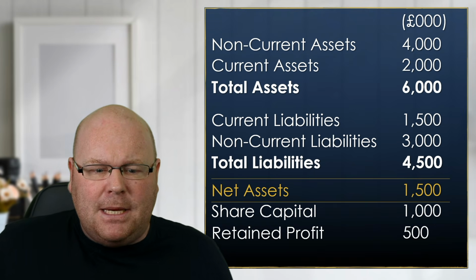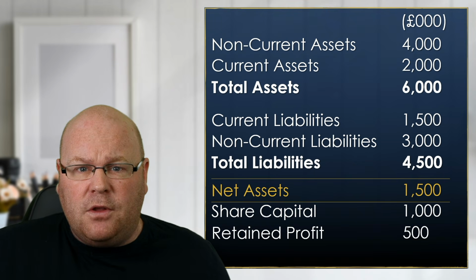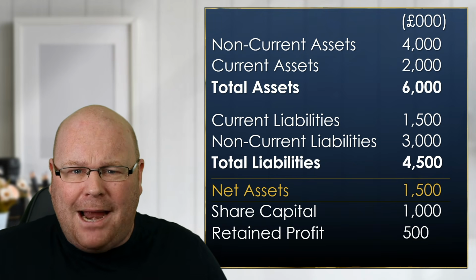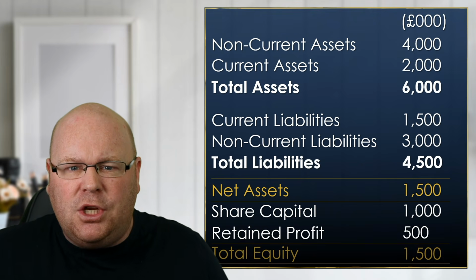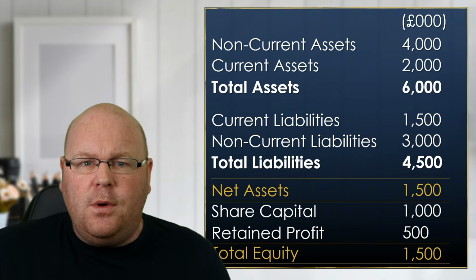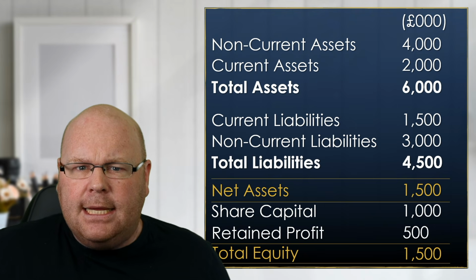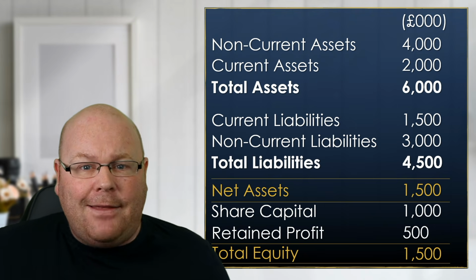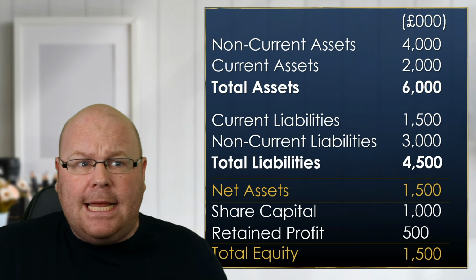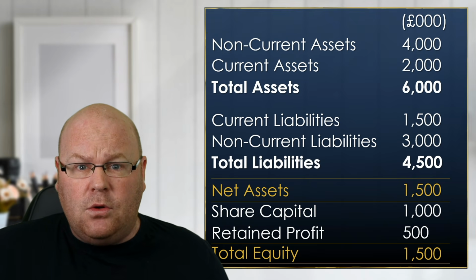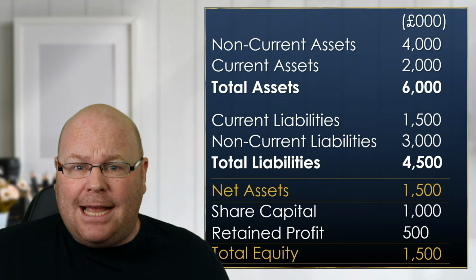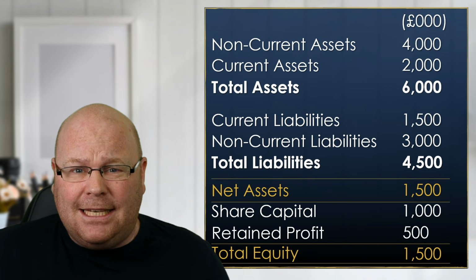For example, if this business has sold £1 million worth of share capital and has got retained profits of £500,000, then we can total these two items together, which is known as the business's total equity, and you'll see that this comes to £1.5 million. Now, that £1.5 million is the additional funds that have come into the organisation to pay for the assets that the business has procured during its lifetime.